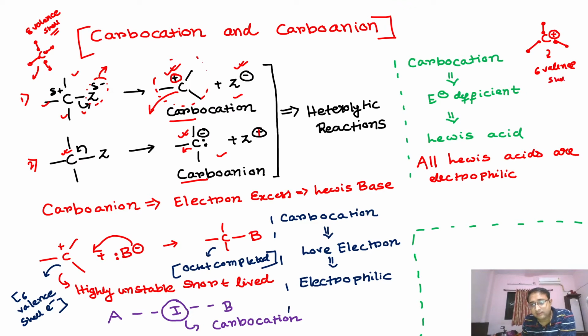So as it has 6 valence shell electrons, this carbon atom is always very much electron deficient. It always tries to snatch electrons from other species so that it could fill its octet. So that's why these types of carbocations are very much electron deficient.